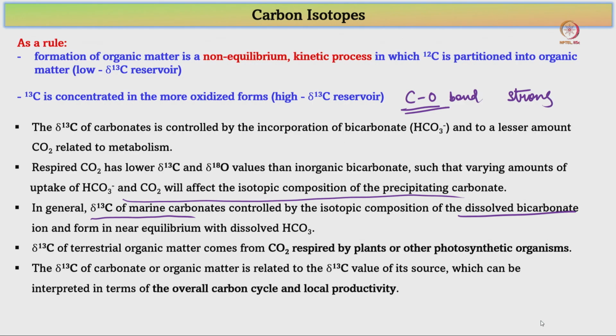In the previous lecture we were discussing how the carbon isotopes vary in the different systems, like in the carbonates that are getting precipitated in organic shells, to inorganic carbonates and also to that of organic matter, and how that helps us understand the carbon cycle and the local productivity.